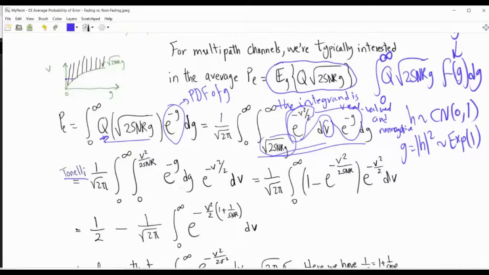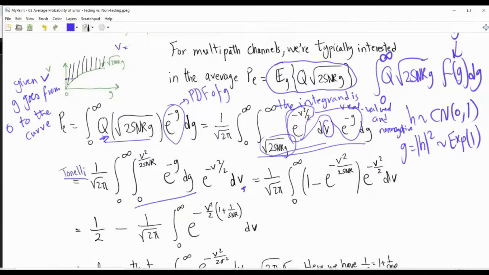So now we do an integration with respect to g, fixing v. If you fix v, what is the range of g? Given v, g goes from 0 to the curve.